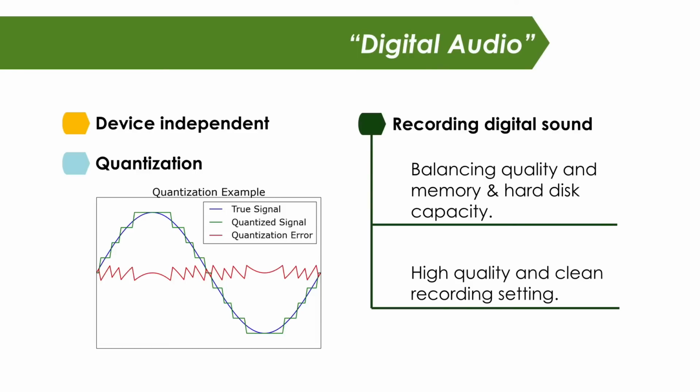In the process of producing the digital audio, you are also required to balance the quality of the audio and also the memory and hard disk capacity that you have. If you have a large capacity of memory and hard disk, then you can produce a very good quality of sound, a very high quality of sound, and also with a clean recording setting. For example, if you want to record something, you record in a studio, where there is soundproofing and so on, so there is no other noise.